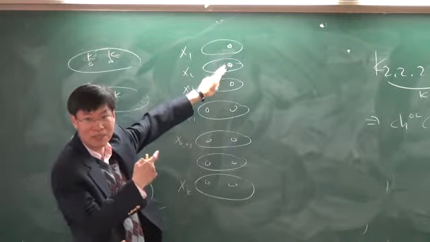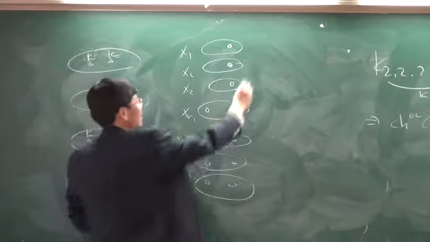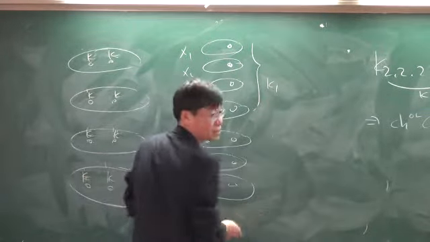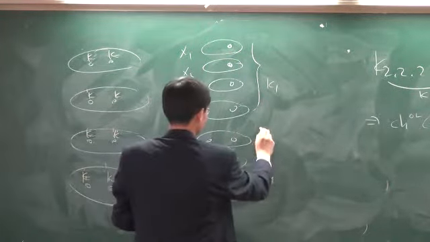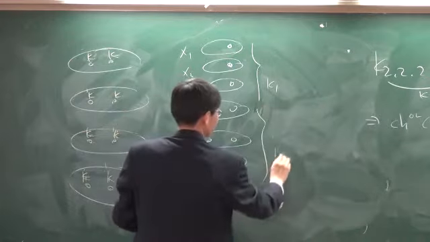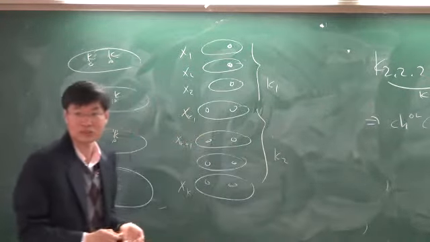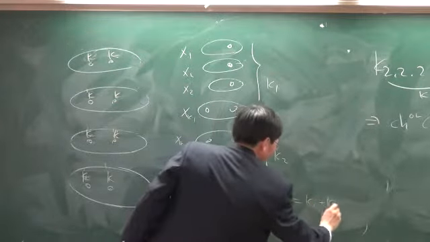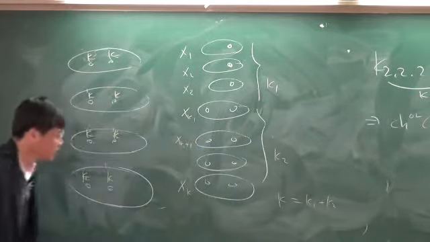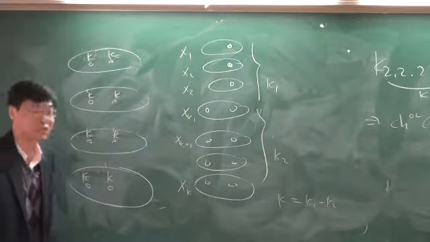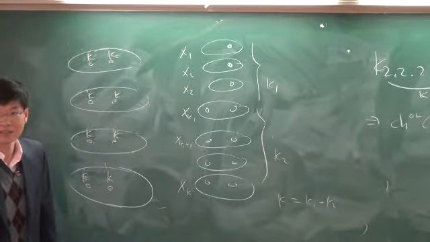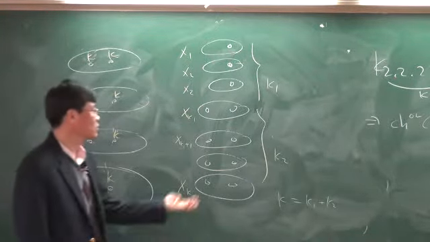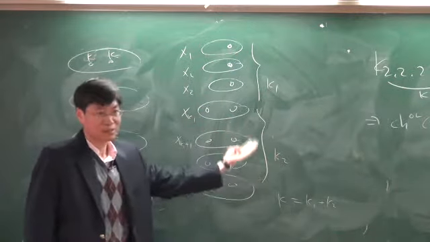This is still complete bipartite. Then how many? This is k minus 1, and this is k2. So k1 plus k2 is k. So we use induction with this model.